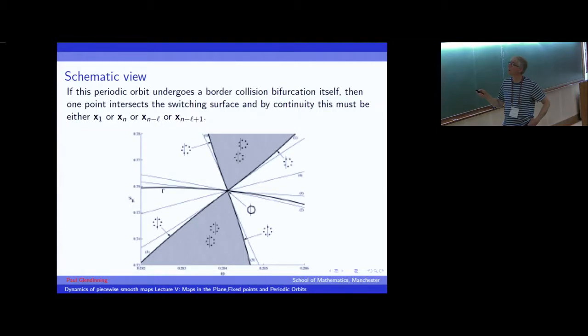So if you look at it, this point has come to the border here, and this point has come to the border here, so it's like a saddle-node bifurcation. In other words, if I take this picture and perturb it a bit, two periodic orbits are created, one where this point has gone left and one where it's gone right.